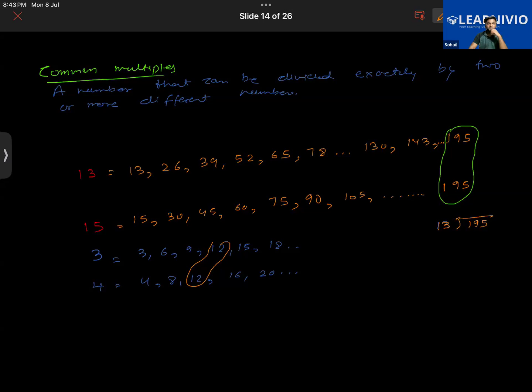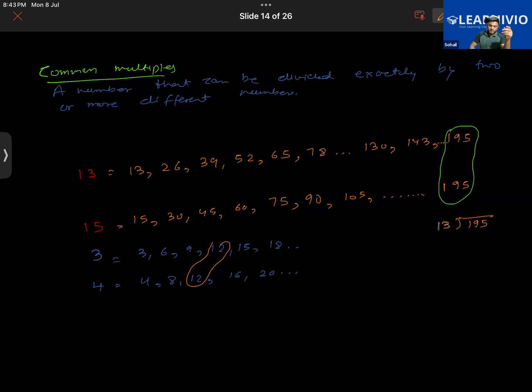What answer are you getting? Is it divisible by the number 13? Yes, I got 105. For me, 15. What answer are you getting, Sumaya? 15. And Habib, 105. How can it be 105? How is that even possible?